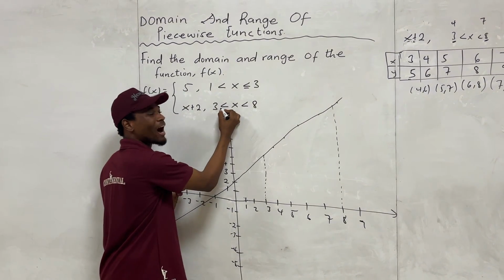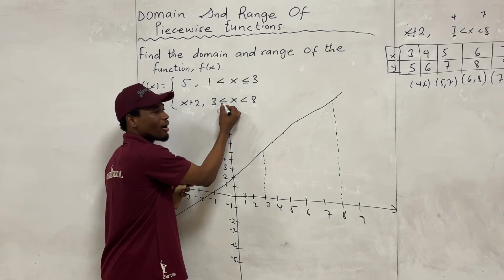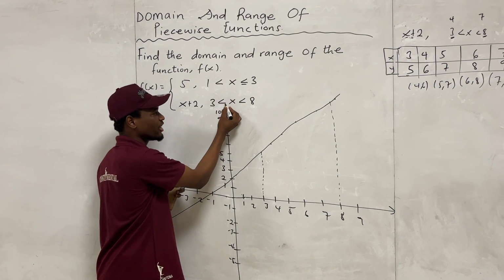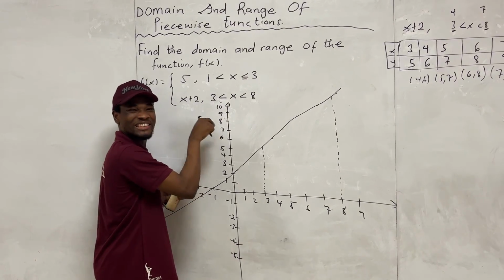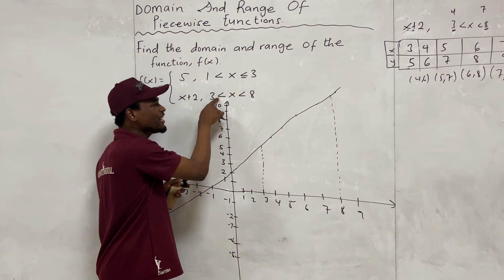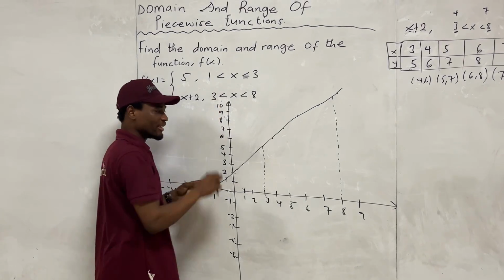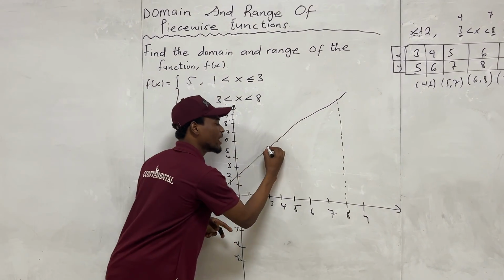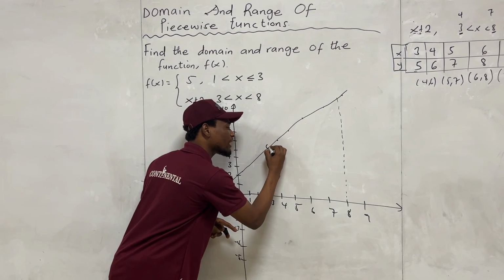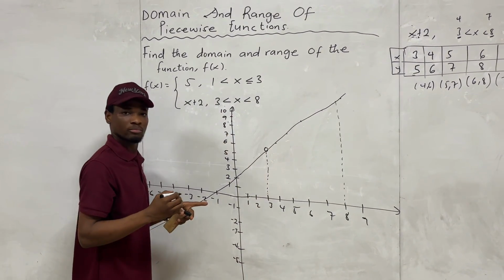But here I don't have any bar. If there's a bar here, it means that endpoint is shaded. Because I don't have any bar over here, my endpoint is not shaded. As a result of that, this place will be open at that end.